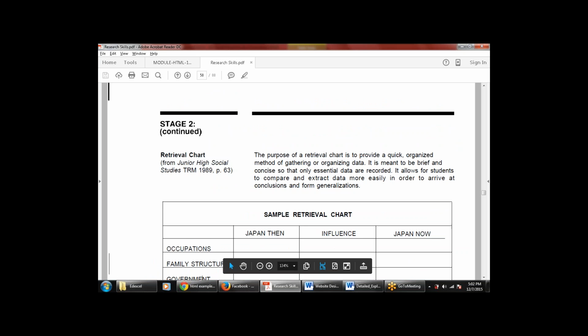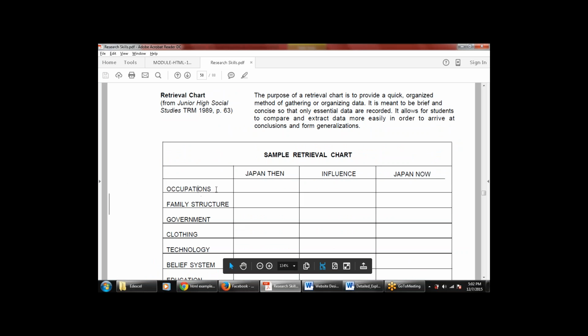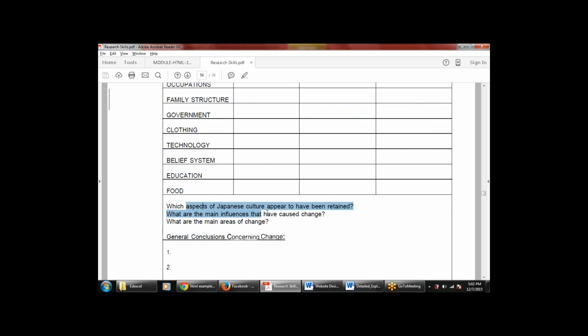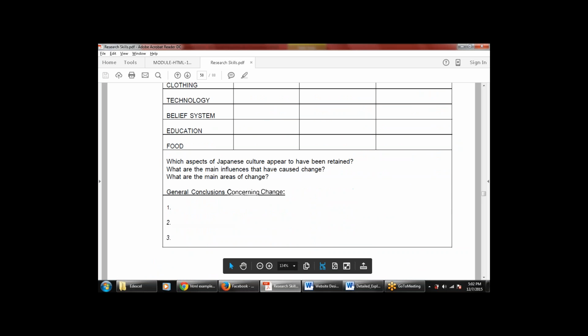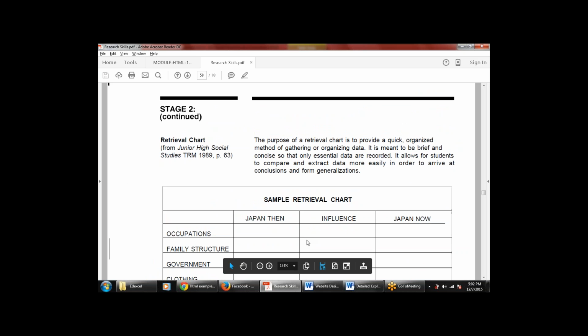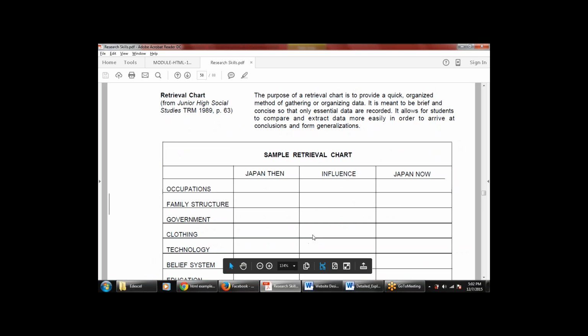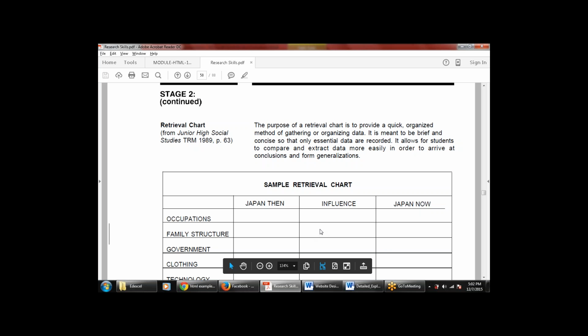So these are the various retrieval questions: what is the occupation in Japan then, what is the family structure, and what aspects of the Japanese structure appear to be retained. These are the questions by which we can retrieve the information. So the main target is to provide a quick, organized method of gathering or organizing the information.